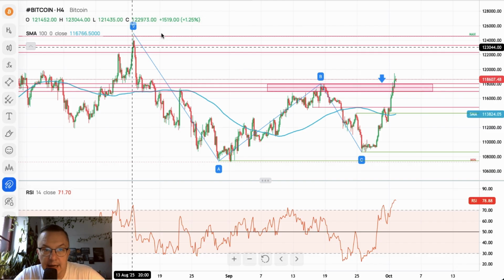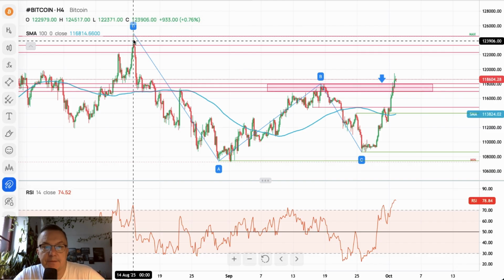Next target, the highs from the beginning of wave A, or the highs from August 2025, two months ago, might be tested: 124,517. The highs from 14 August 2025 are the next target.